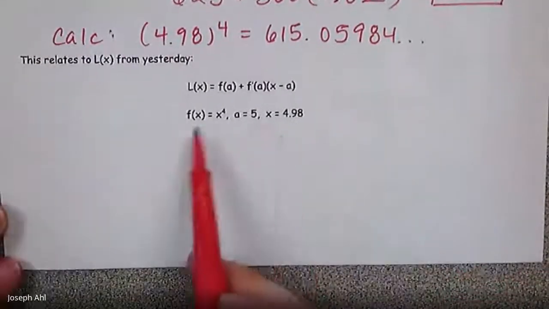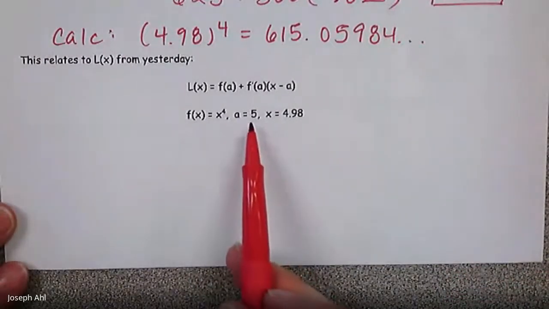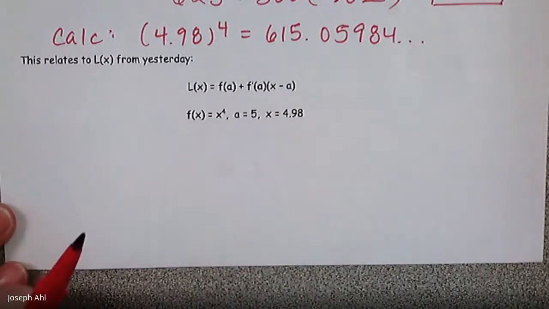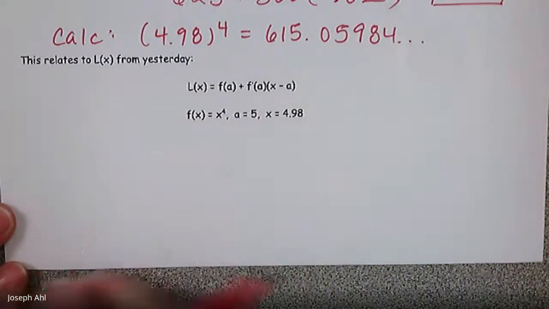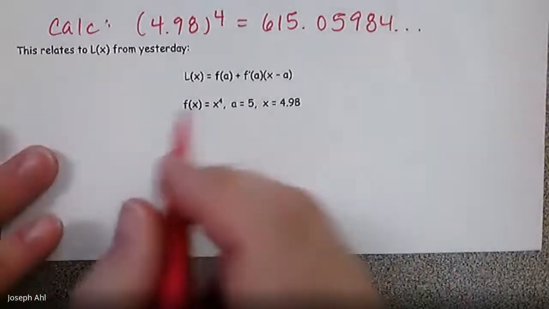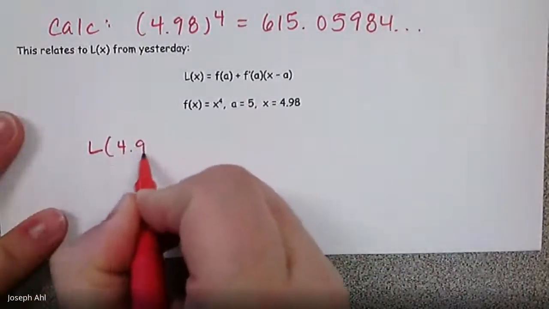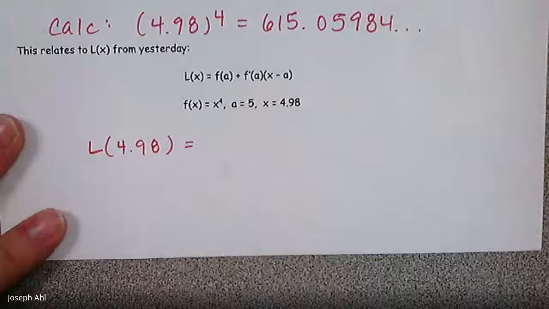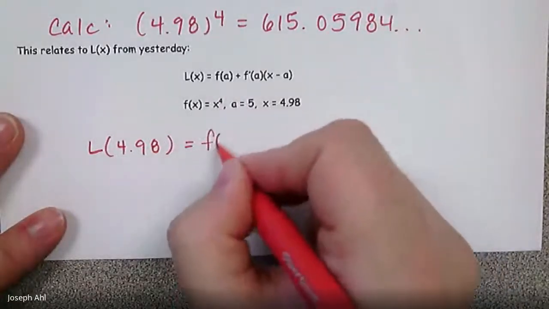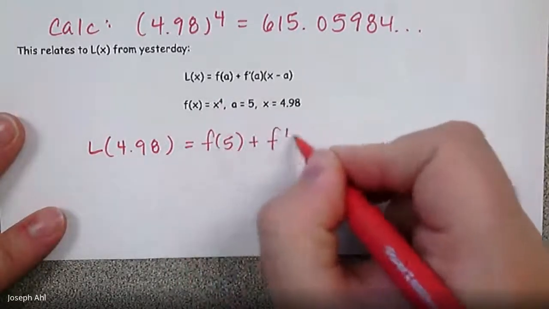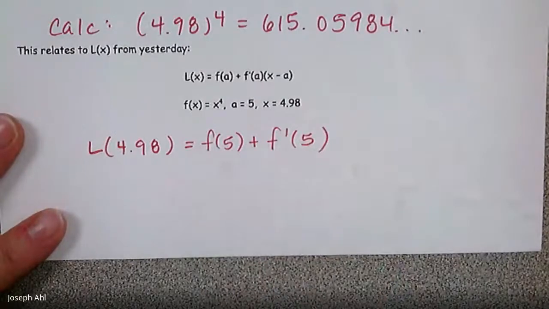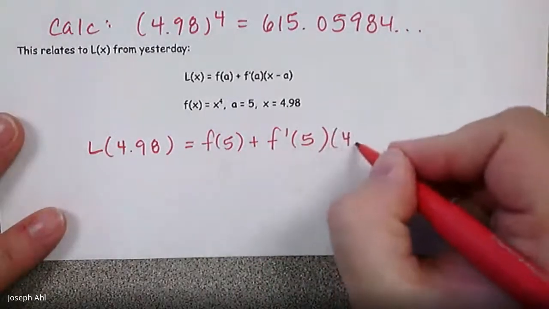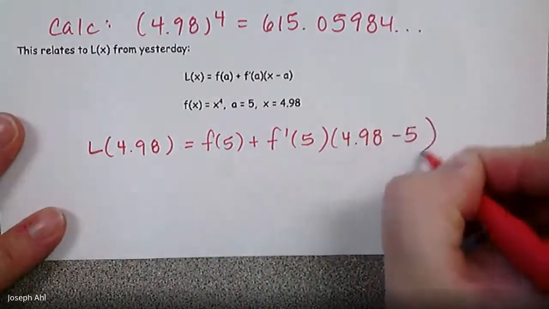Absolutely. All right. We have the function f of x equals x to the fourth. Our value of a, we're finding the slope of the tangent line at 5. And our value of x in this case is going to be 4.98. So we're doing L of 4.98. That would equal f of 5 plus f prime of 5 times 4.98 minus 5.